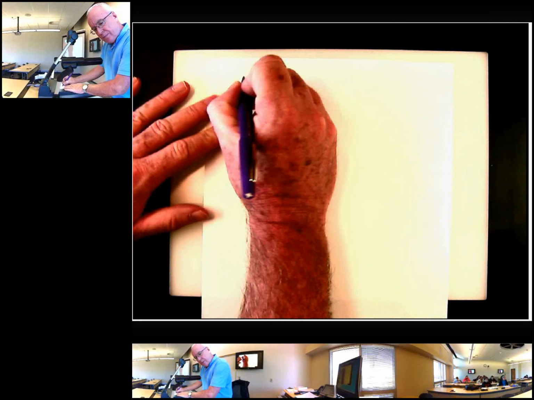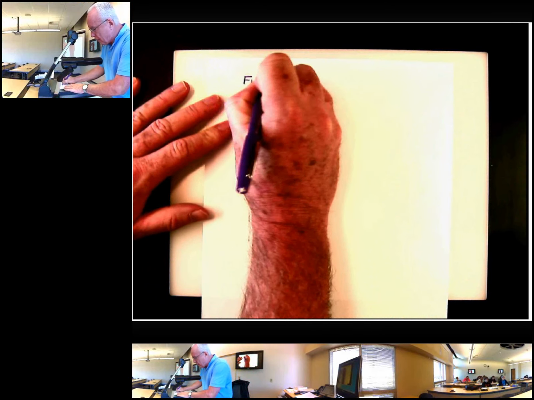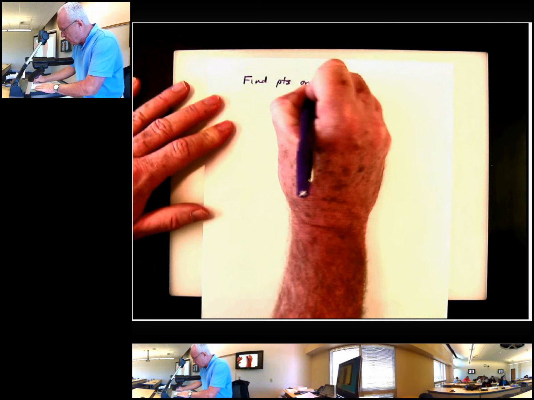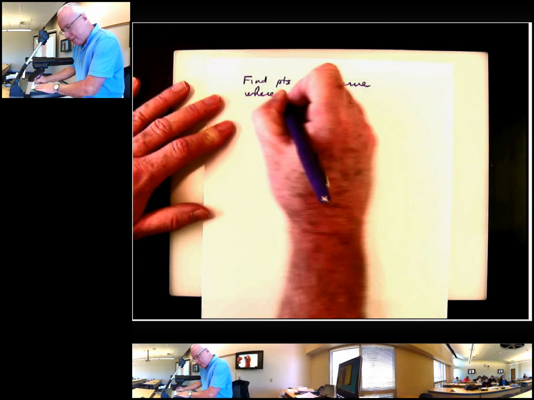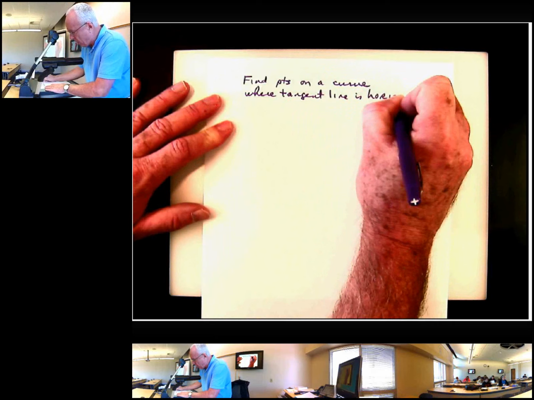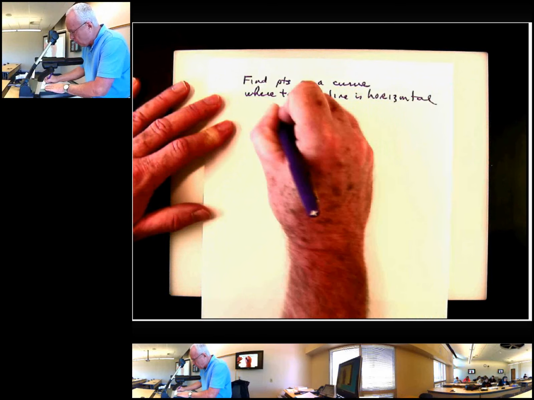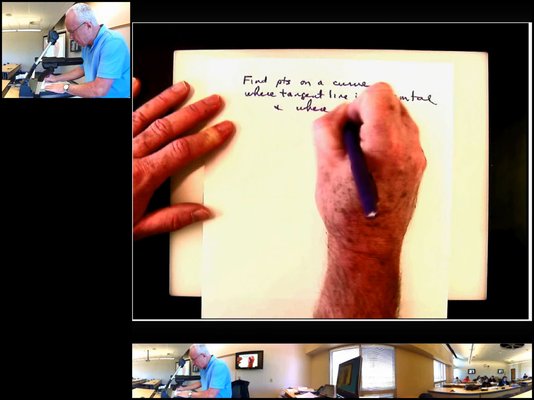I want to backtrack a little bit on the first thing I want to do today, and then we'll get back to computing the arc length for parametric curves. So here's something where we want to find the points on a curve where, and we've seen one problem like this before, the tangent line is horizontal and where it is vertical.